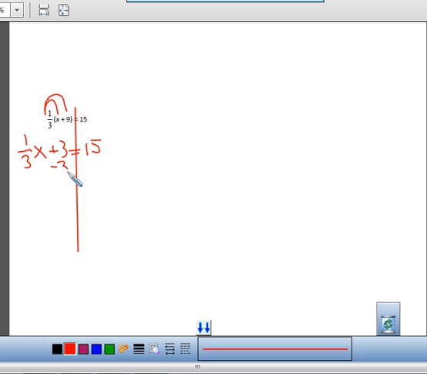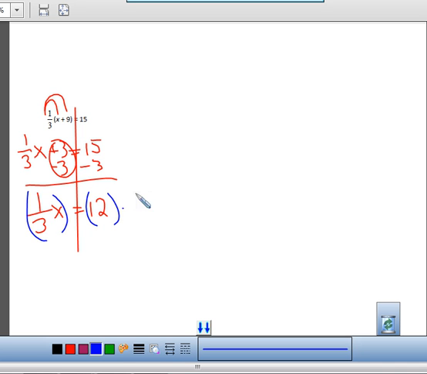Now I'll subtract 3 from both sides. 1/3 x equals 12. Now you can divide both sides by 1/3, but many of you have learned that dividing by a fraction is the same as multiplying by its reciprocal. So if I multiply both sides by the reciprocal, the 1/3 and the 3/1 cancel out and we just get x. 12 times 3 is 36.